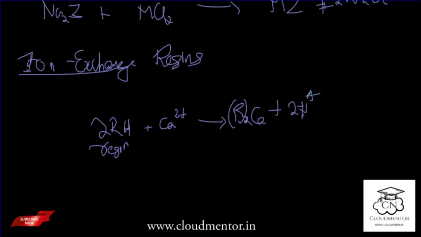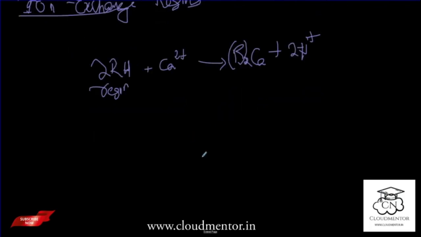The water coming from the cation exchanger is acidic on account of free H+ ions, and this water is then passed through another bed containing anion exchanger. This exchanger removes ions like Cl-, SO4 2-, sulfate ions, and nitrate ions NO3- by exchanging with OH-, hydroxide ions.